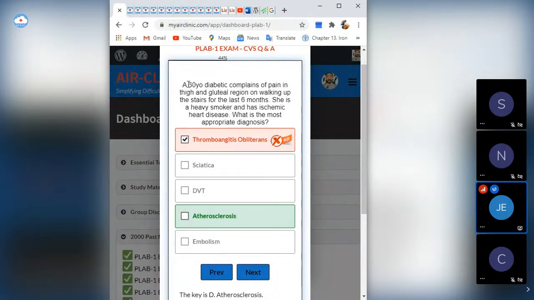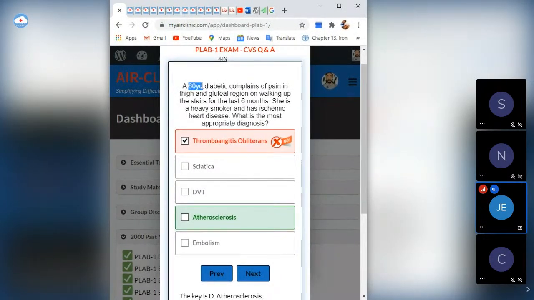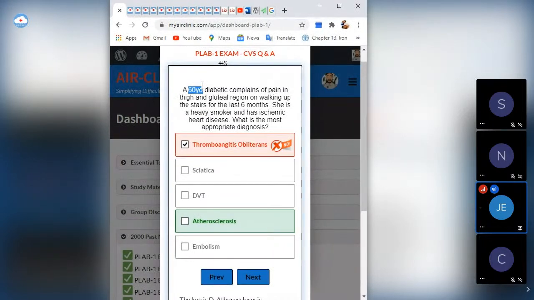Atherosclerosis. Her age is a big factor. If she was younger, it could have been thromboangiitis obliterans, but because she's older, she's at risk of atherosclerosis.